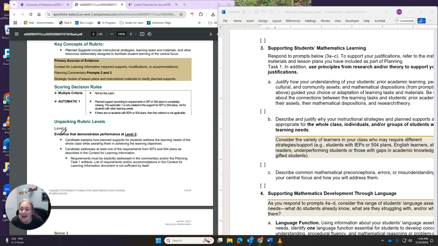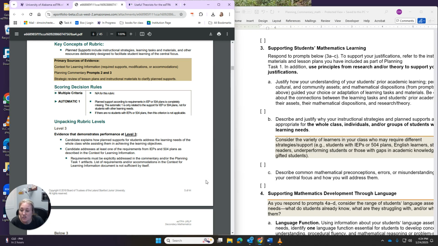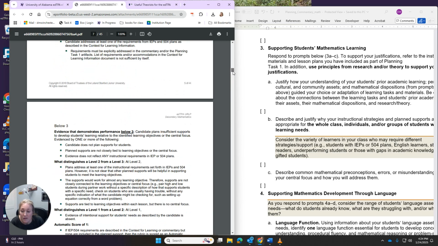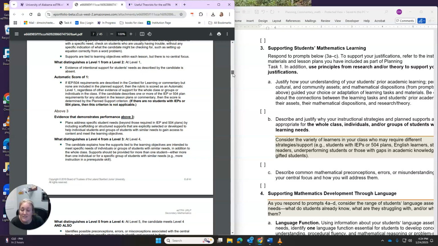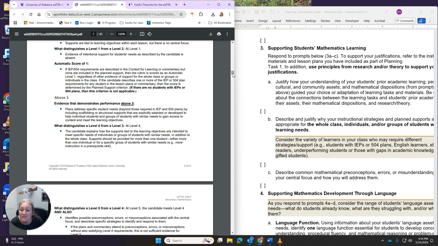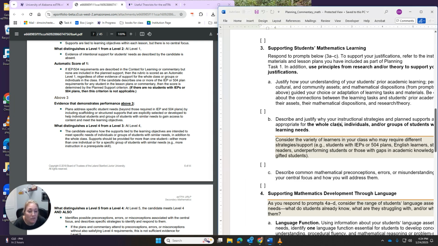So at a level 3, whole class. When I want to go and think about those individual students or those individual groups of students, now all of a sudden I'm above a 3. So if you can talk about the whole class and then also a group of students like your gifted students, what are you doing for them? Then that's going to take you from a 3 to a 4.